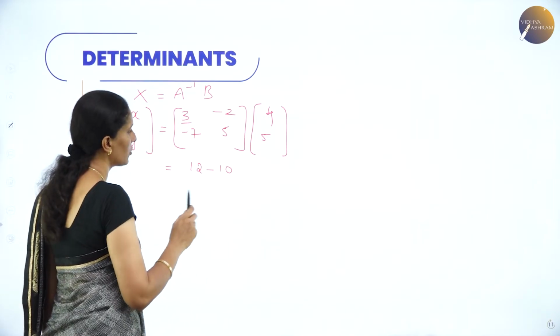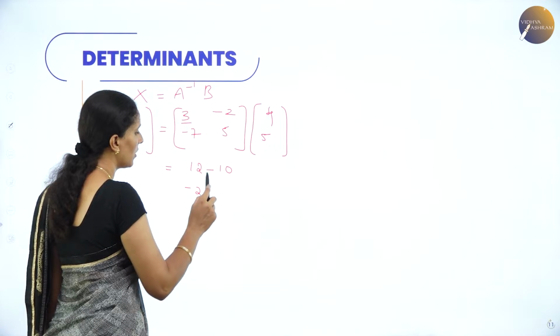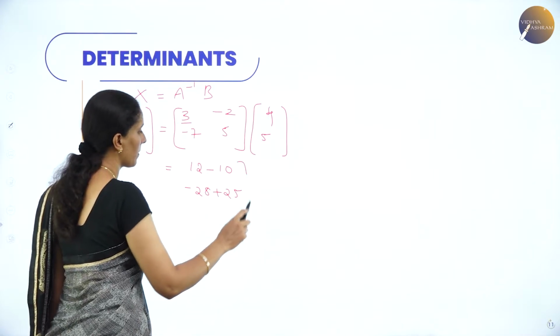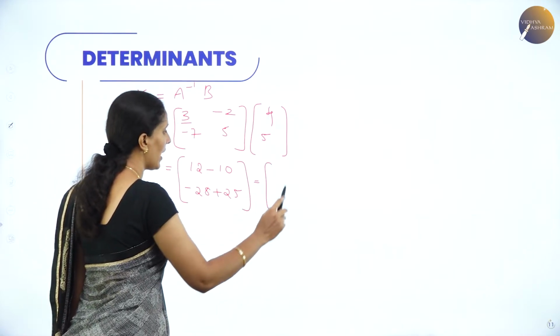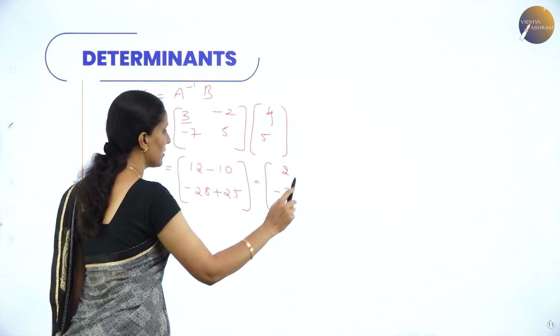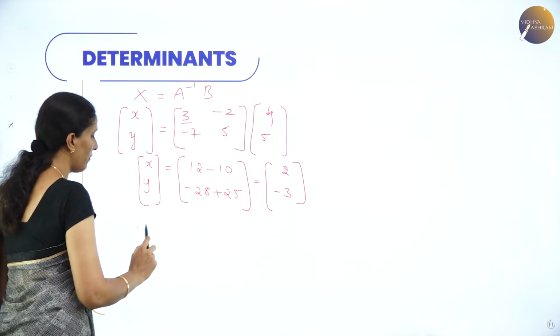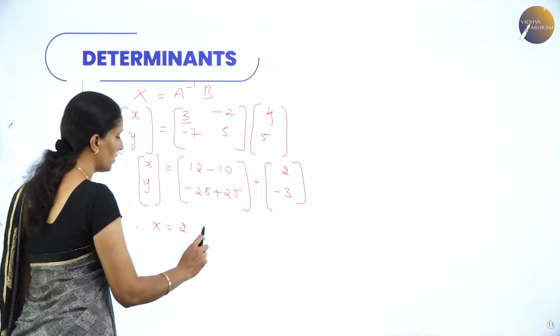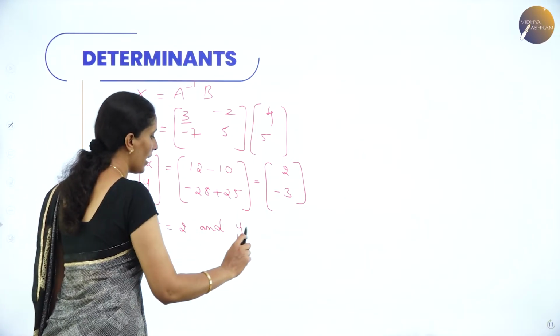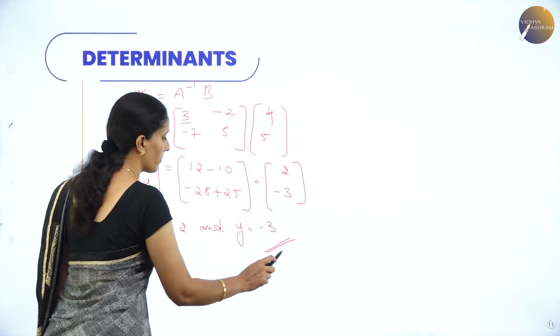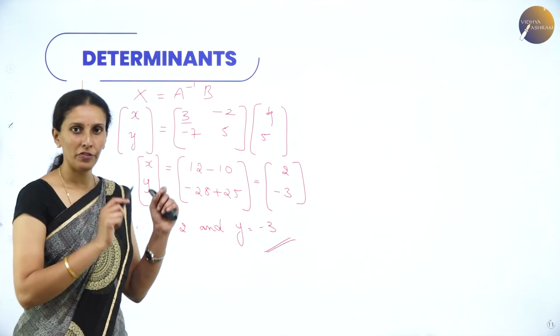Next, minus 7 into 4, so minus 28 plus 25. Solving this, we have 2 here, minus 3 here. So here we have x, y. Therefore the value of x is 2 and the value of y is minus 3. So this is how we are going to find the solution.